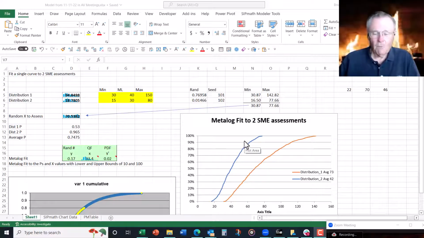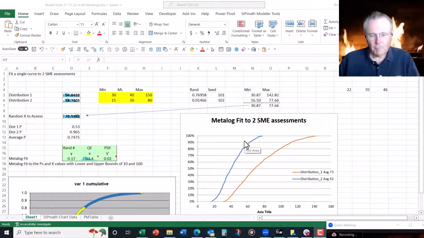The third way you could do it is simply to Monte Carlo both of them and just average the results. In doing that, though, I think you need to be careful that, in general, if the project's going to go pear-shaped, it's probably going to go pear-shaped on both of those curves.